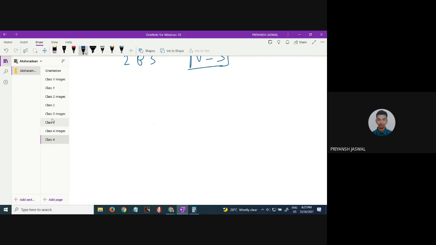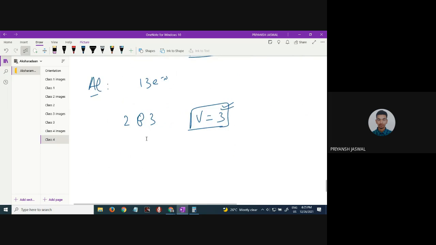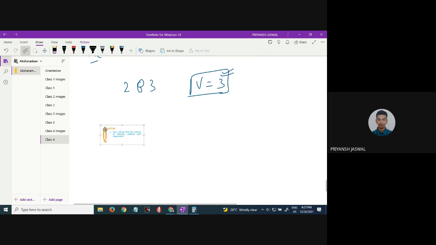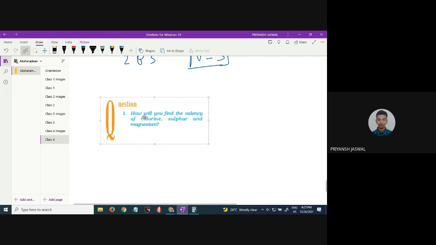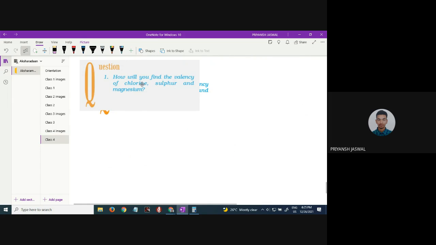Now let's take some more examples. It is an NCERT question. How will you find the valency of chlorine, sulfur, and magnesium? Magnesium we just found, it is 2.